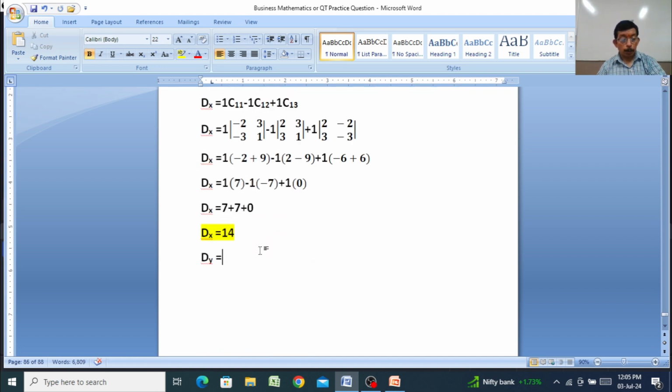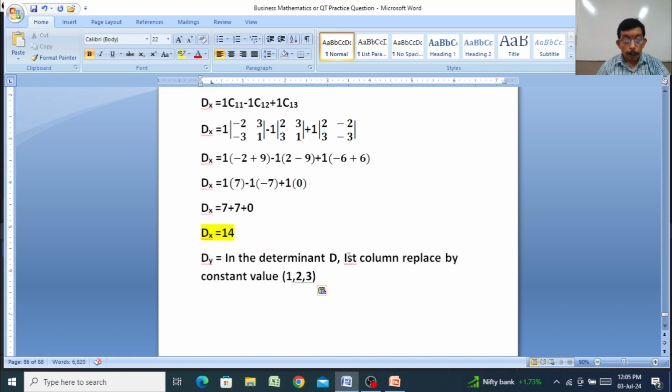Dy is equal to the determinant D with the second column replaced by the constant value.